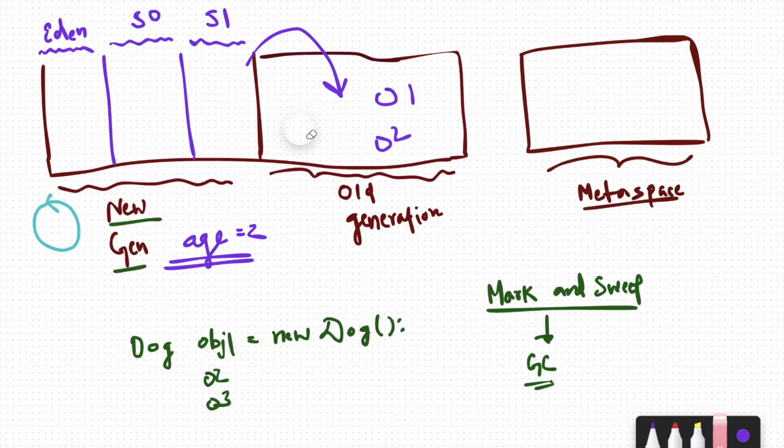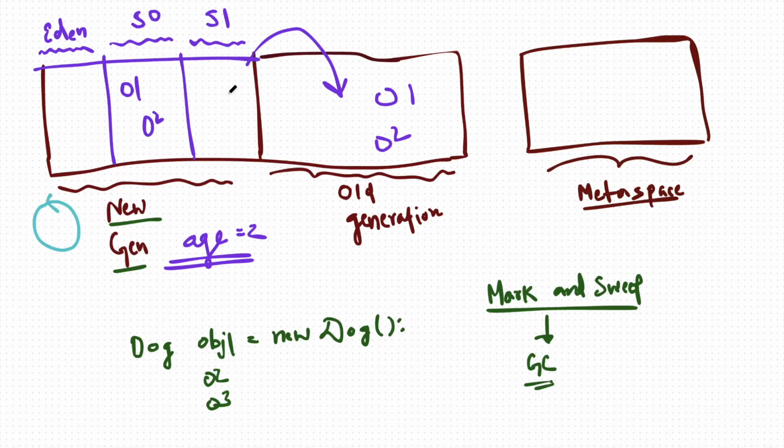So always remember, one survivor space will always be free, empty, to move the objects, and everything contains an age. This is the entire working.